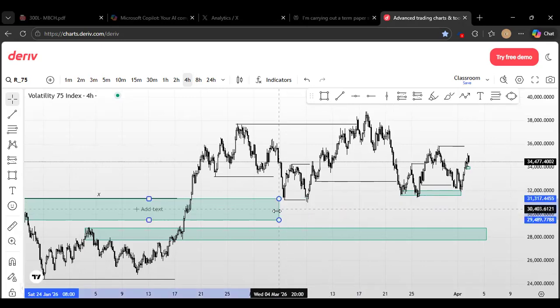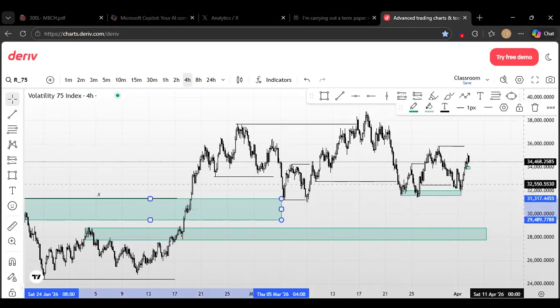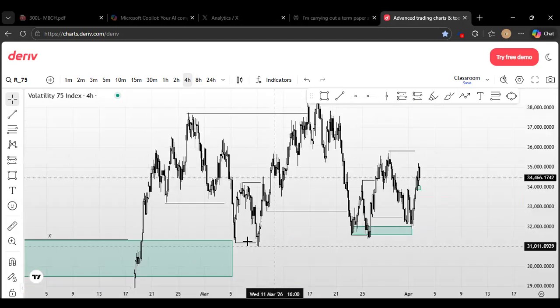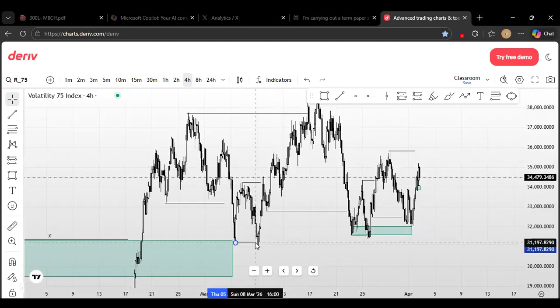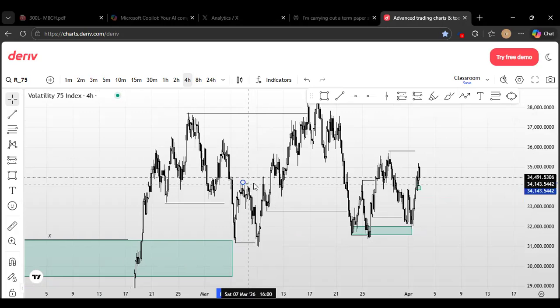Let me adjust this. We are going to have a structural break to the downside, the last structural break before price taps on that breaker block, which will serve as our sweep of liquidity. Then what next? We need to have price break structure in the opposite direction. Look, we have a break of structure in the opposite direction.